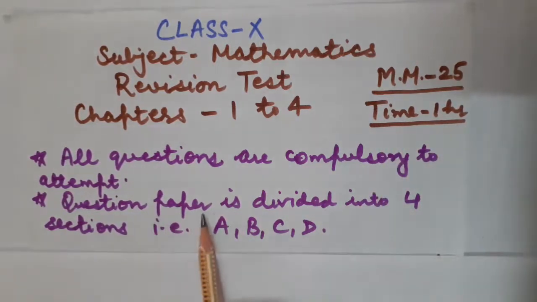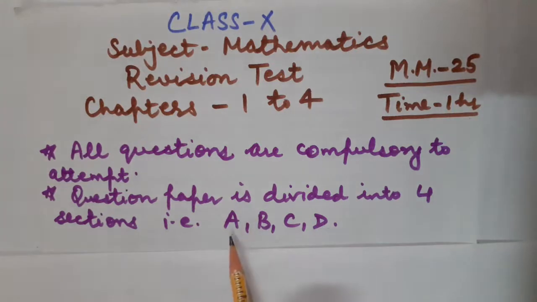And the complete question paper is divided into 4 sections, that is section A, section B, section C, and of course section D. Section A consists of 1 markers in which I will be asking MCQs, section B 2 markers, section C 3 markers, and section D long answer type questions, 4 markers.